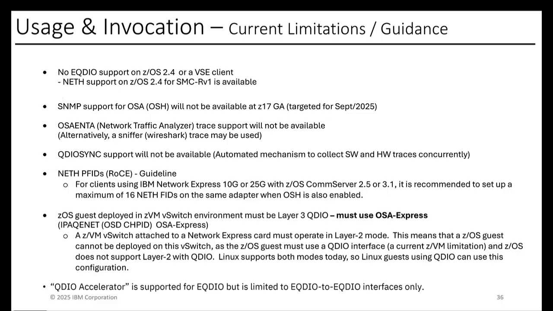SNMP support for OSA or OSH: we couldn't contain it for GA, but we're targeting to get that deployed and rolled back into the field releases this coming September. OSA NTA and QDIO Sync, we've had a lot of customers asking. These are not in the GA version, but many customers are asking for them.